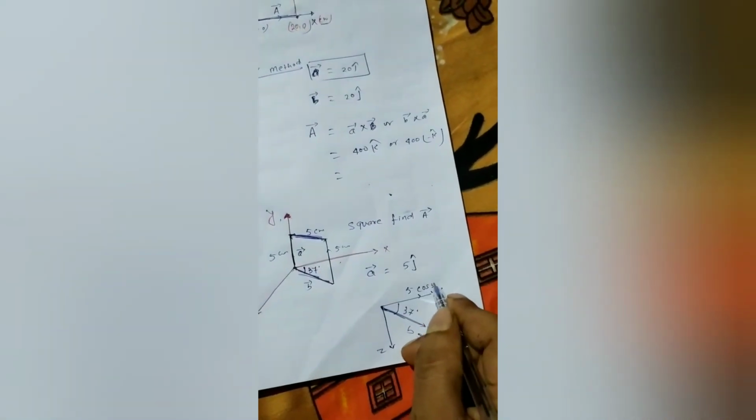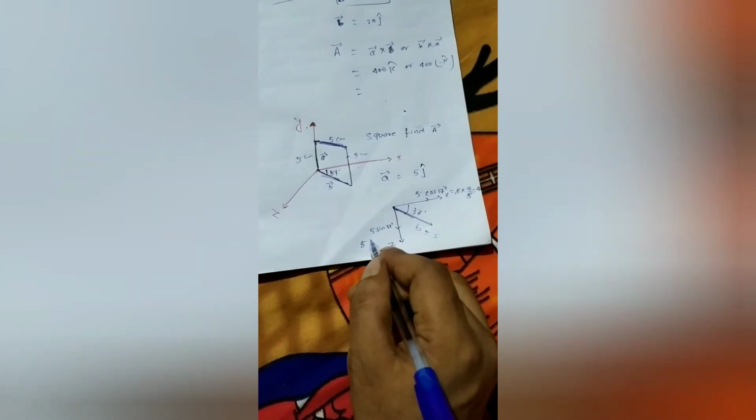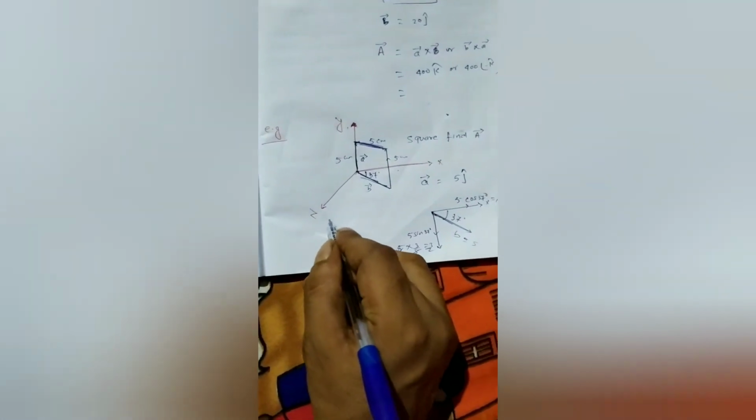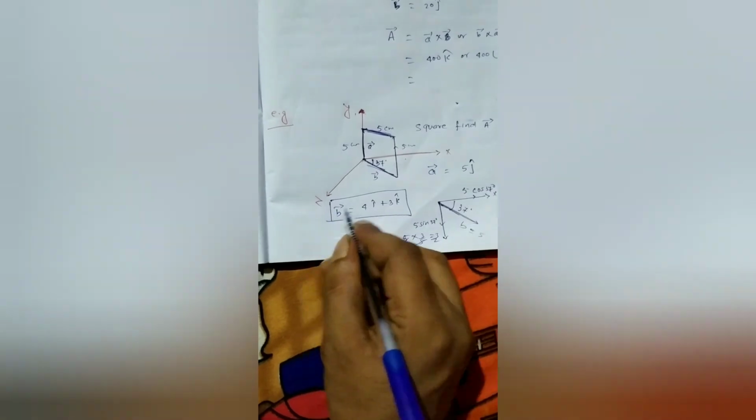Vector B is also 5 centimeter. So we can resolve this. This side becomes 5 cos 37 and this side becomes 5 sin 37. So 5 into 4 by 5, the 5s get cancelled, so this becomes 4. And this becomes 5 into 3 by 5, the 5s get cancelled, so this becomes 3. It means we can write vector B equals 4 i cap plus 3 k cap, because this is the z-axis. So here you got vector A and vector B.